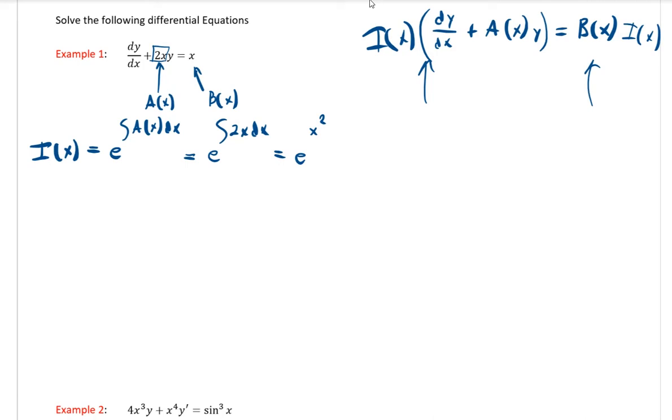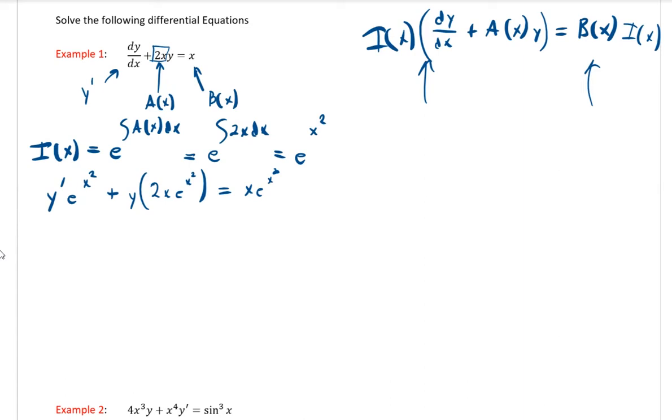So if I multiply both sides of the equation by I(x), I get dy/dx. I'm just going to start to write this as y prime because it's easier for me. So y prime e to the x squared plus, I'll put y, and then I'll group the 2x e to the x squared together, and then I'll have x e to the x squared on the other side.